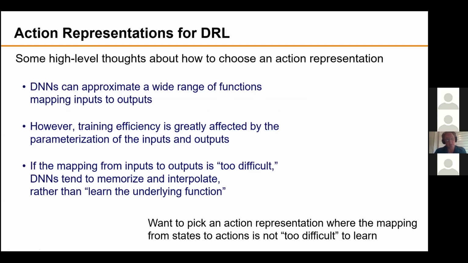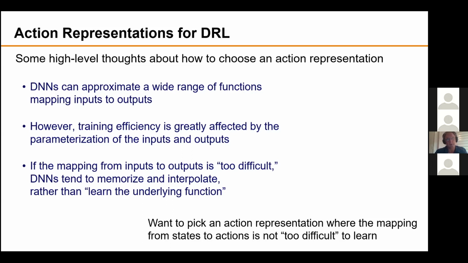So my high-level thoughts are that the deep neural network takes in an input state, and again, in this case, it's going to be an image, and it outputs a selection of an action. And so we want the deep neural network to be asked to produce a function that's easy for it to learn.